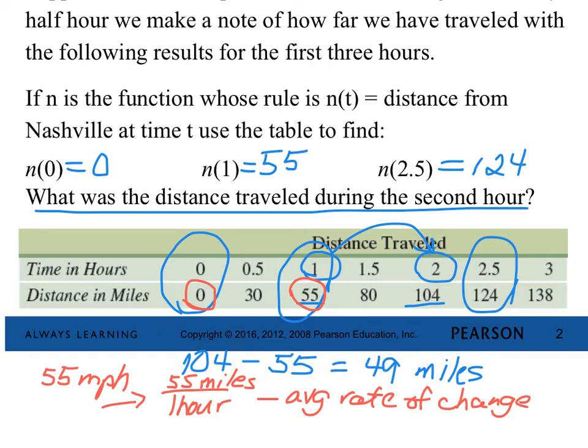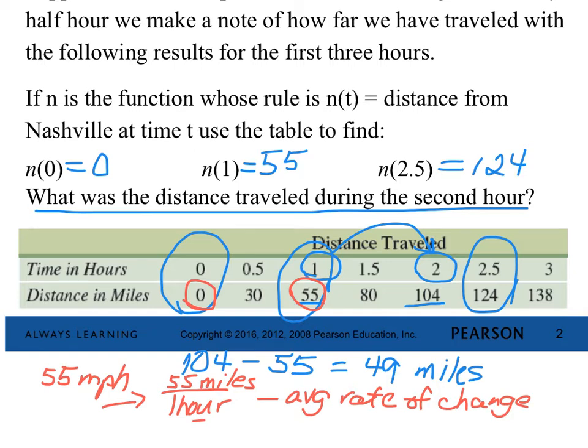So here, average rate of change, in this particular problem, we're talking about the rate of change of distance as it is defined by time. So it's going to be the change in distance over the change in time. Our 55 miles an hour means that the change in time from 0 to 1 hour was 1 hour, and we had gone 55 miles.